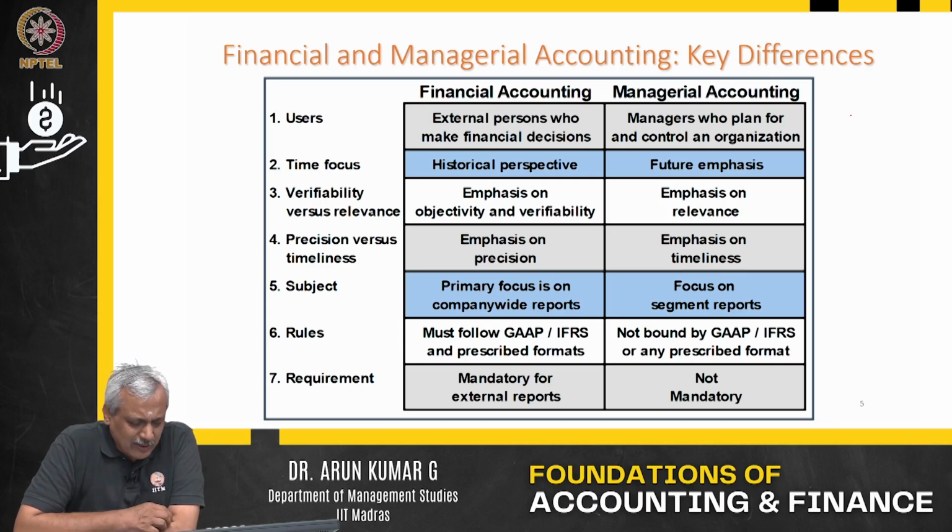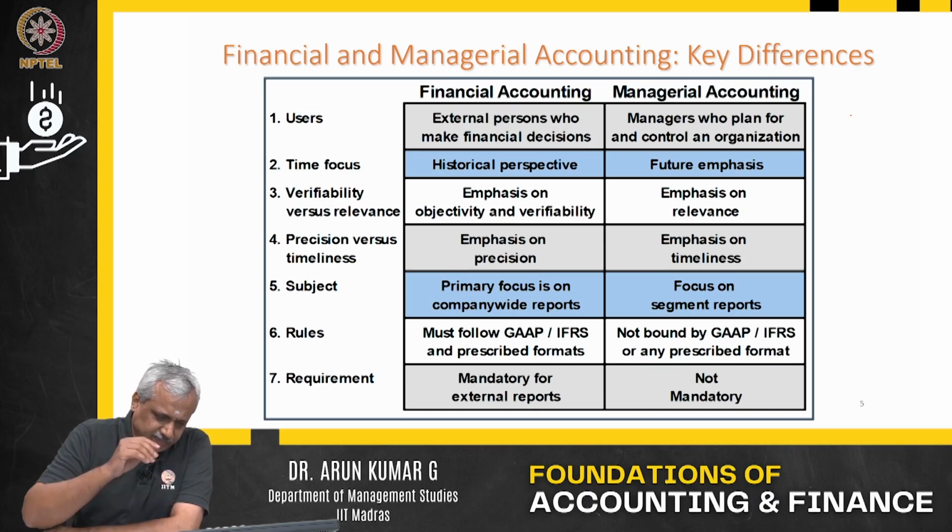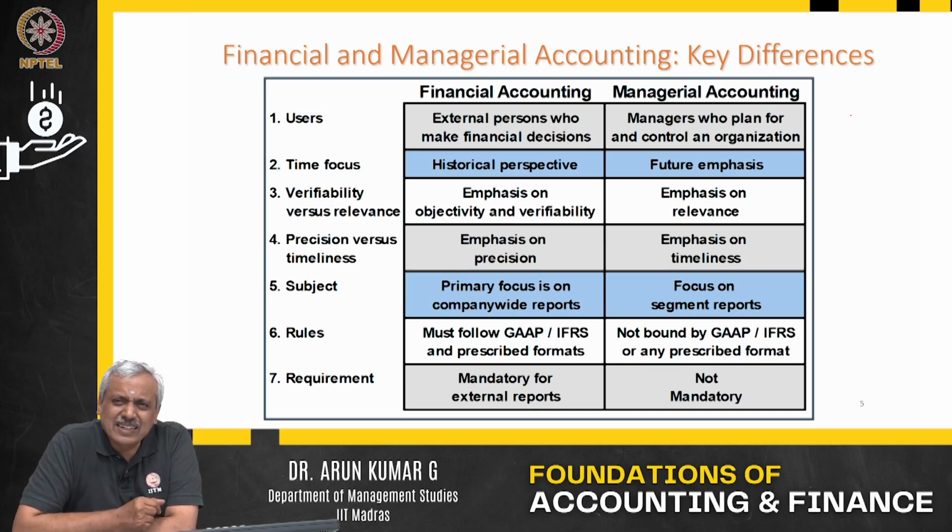Now, what happens in financial accounting? We are emphasizing precision, whereas in management accounting we are not looking at precision, we are looking at a range and timeliness.